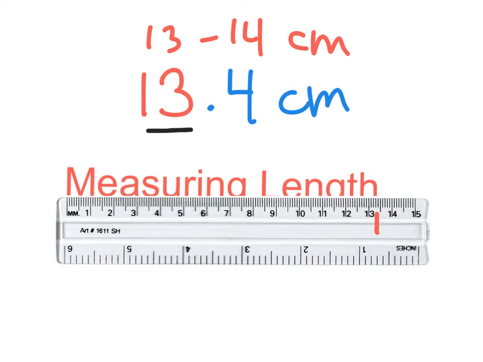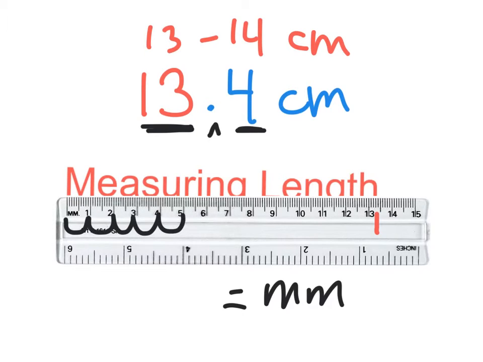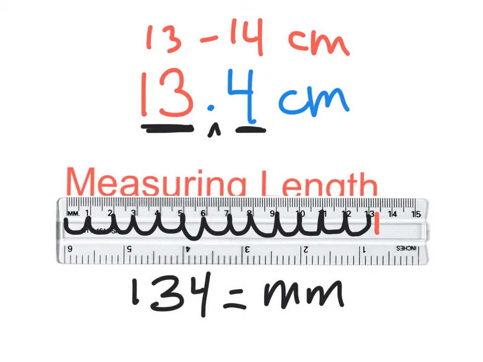That means it's 13 centimeters and, remember, decimal means and, 4 millimeters. Excellent. And to find out how many millimeters that is altogether, each centimeter is 10, so that's 10, 20, 30, 40, 50, 60, 70, 80, 90, 100, 110, 120, 130, and then 4 more, so it's 134 millimeters.